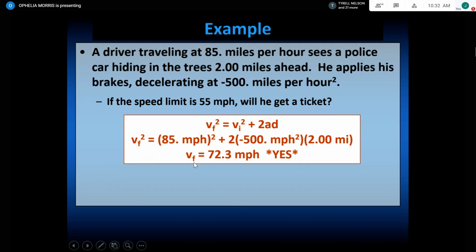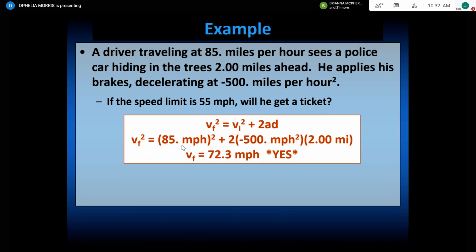So I'm going to square 85 miles per hour first. Then I'm going to multiply this and multiply this. So it's going to be 2 times this number times that number. So 4 times 500, 4 times 5 is 20, this is 2,000. So it's going to be 2,000 plus 85 squared, which is a number that I can't do in my head right now. Did anybody do that? 85 squared is what?